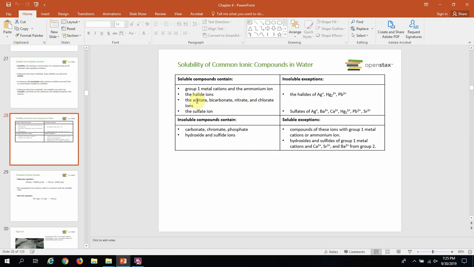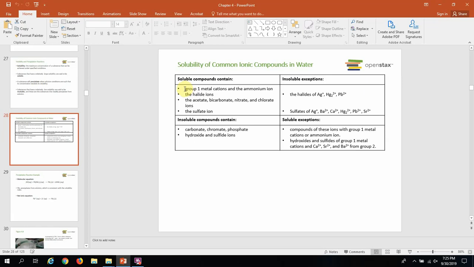For precipitation reactions, there are the solubility rules. The solubility rules are in 2 parts: the things that are usually soluble and the things that are usually insoluble. And the usually soluble groups are the group 1 metals, the alkali metals, sodium, potassium, lithium, and the ammonium ion.